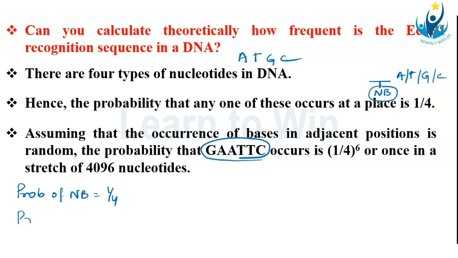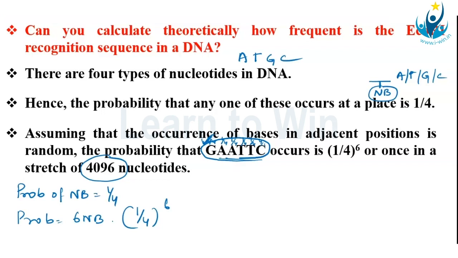The probability of having 6 nitrogen bases in this particular order will be (1/4) to the power of 6. That is 1/4 probability of G, 1/4 probability of A, again 1/4 probability of A, 1/4, 1/4, 1/4. So you have six 1/4s, which is equal to 1/4096. So for every 4096 nucleotides, there is a chance that you will get one recognition site for EcoRI.